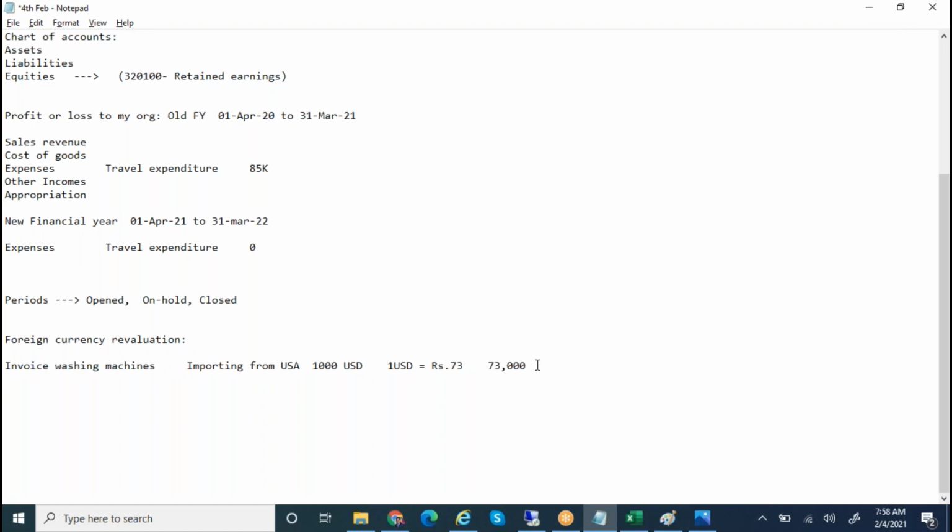At the time of invoice, it is 75,000 rupees, meaning $1,000. Now I am doing the payment after 1 month. Now $1 equals 80 rupees. Then I need to pay 80,000 rupees.